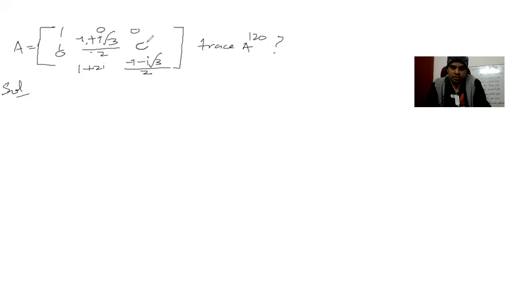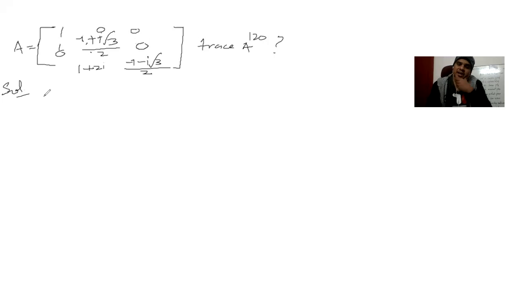So this is actually an upper triangular matrix. If we talk about the eigenvalues of this matrix, then we know that the diagonal elements are the eigenvalues of this upper triangular matrix. So we have three eigenvalues here: 1, minus 1 plus I root 3 by 2 and minus 1 minus I root 3 by 2. So these are the eigenvalues.